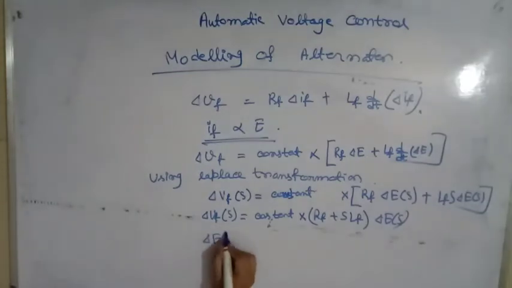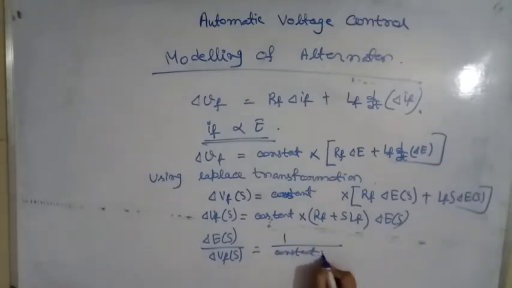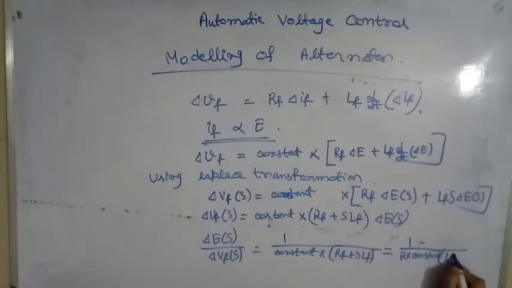So, delta E(s) by delta VF(s) equals 1 by a constant into (RF plus s LF). Here we take 1 by R common. So, 1 by R into constant, divided by 1 plus s into LF by RF.